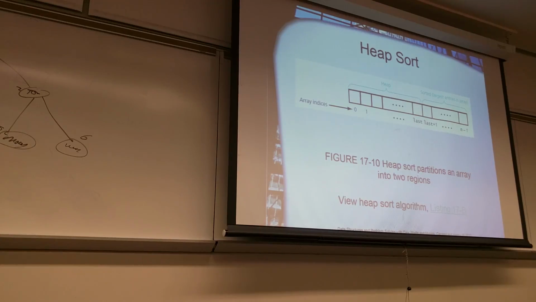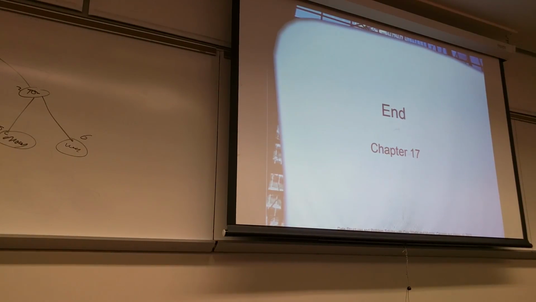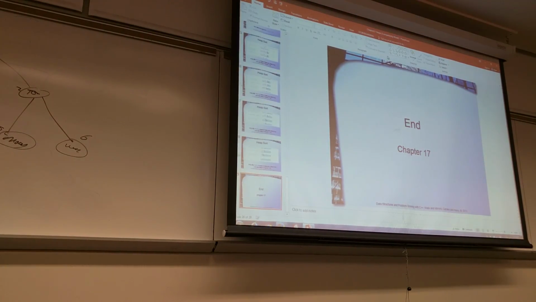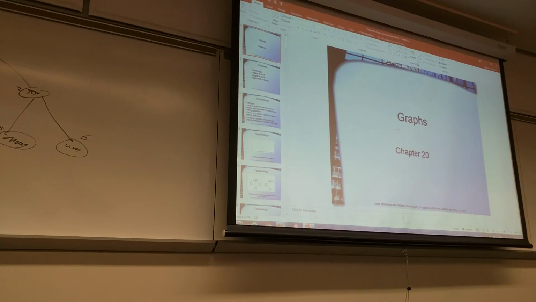It's a log n operation for n elements. So your heap sort becomes an n log n algorithm for sorting, which is actually pretty good. We'll do sorts next week, and you'll see when we talk about some of the other ones how much more complicated they are, and you realize why I think that heap sort is cheating, because it's just too easy.